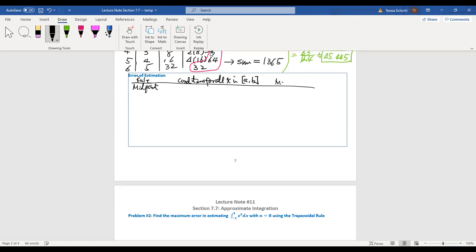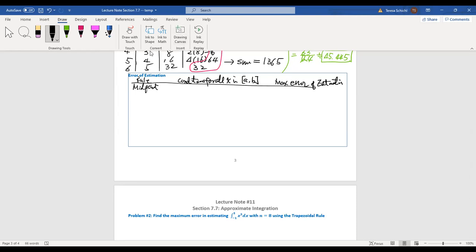Then this is the max error of the estimation. It depends on how many subintervals you divide into. We know that the more subintervals you use, the better the accuracy.